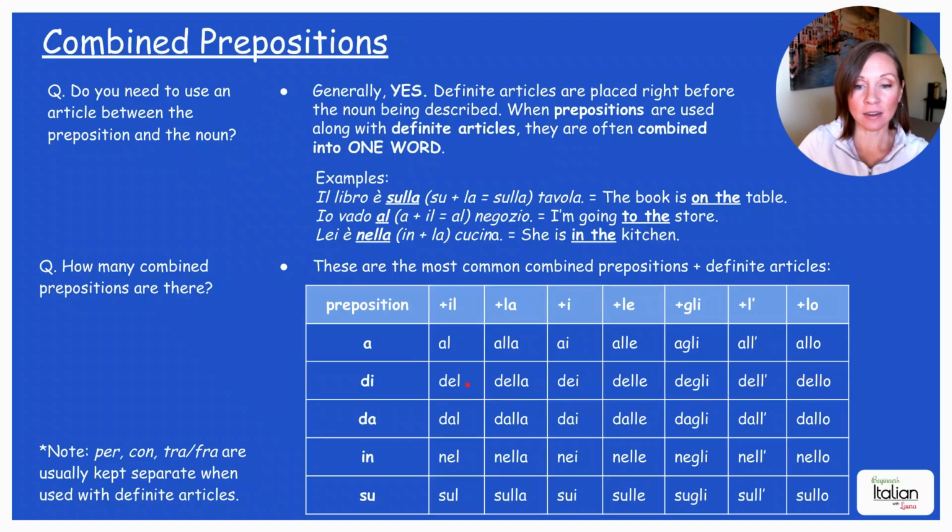So we have del, della, dei, delle, degli, dell', and dello. Da, we have dal, dalla, dai, dalle, dagli, dall', and dallo. In, so in we add an E, okay, we basically change the order of in to ne, and then we add on our endings here.